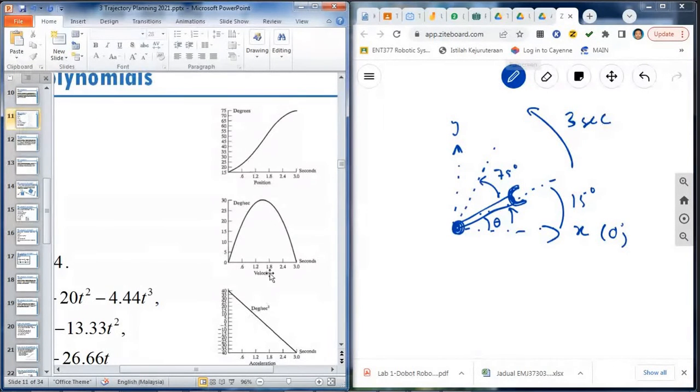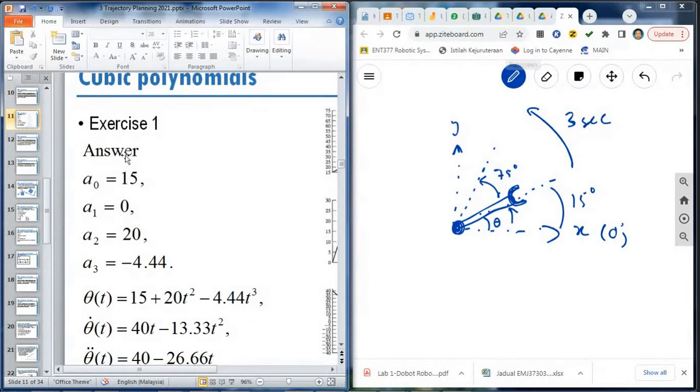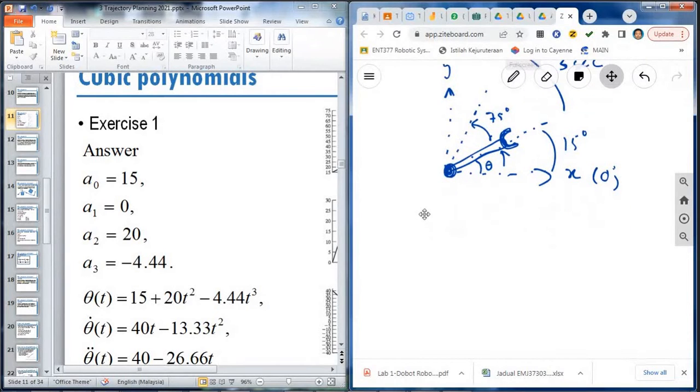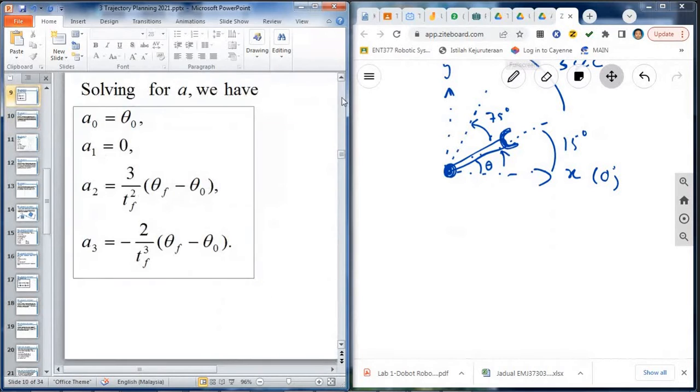How to get these values? To get them, we need to use back our main equation that we used just now. You must remember this equation because this is the main equation.